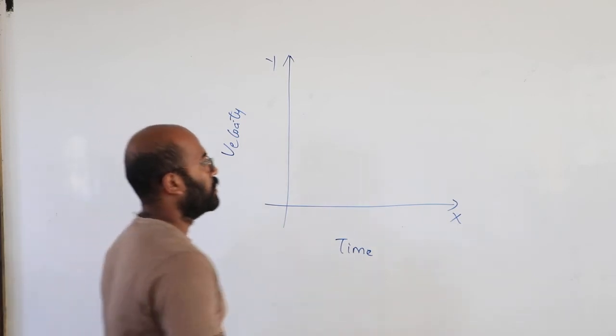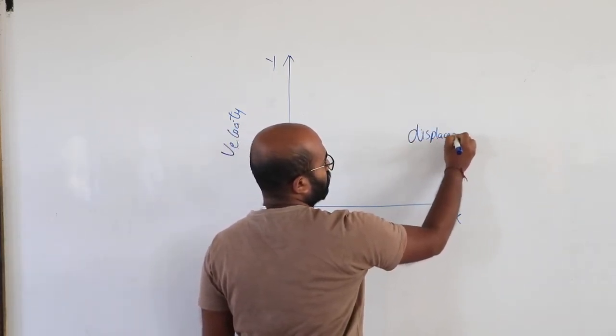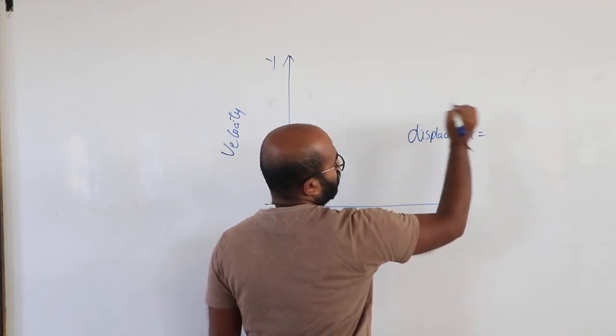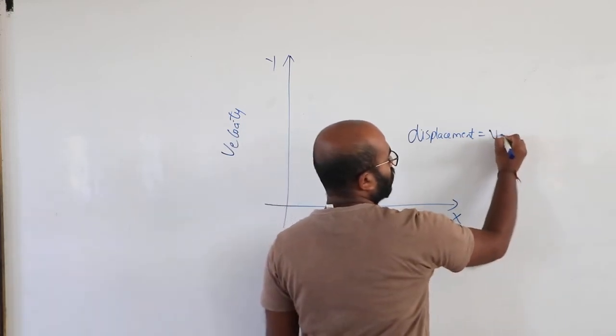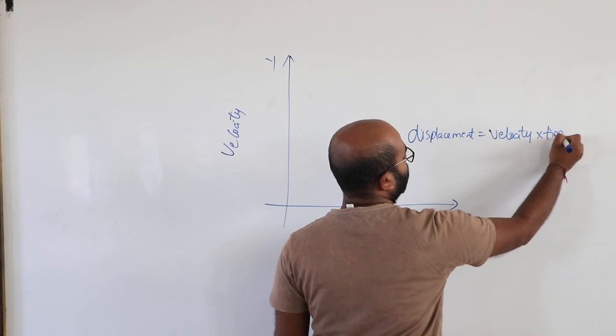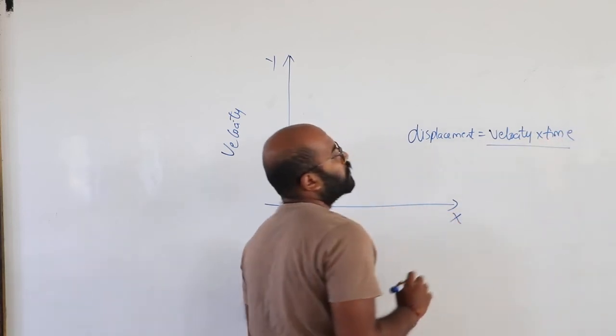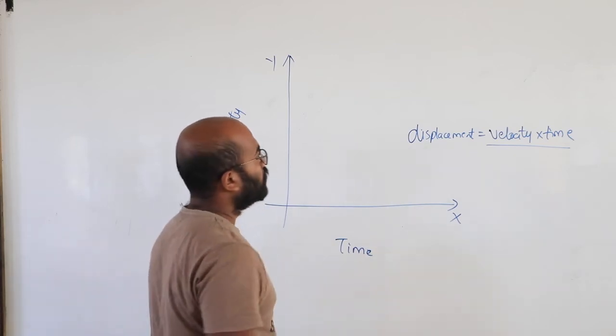We know that displacement is velocity into time. So we are multiplying velocity and time to find the displacement.